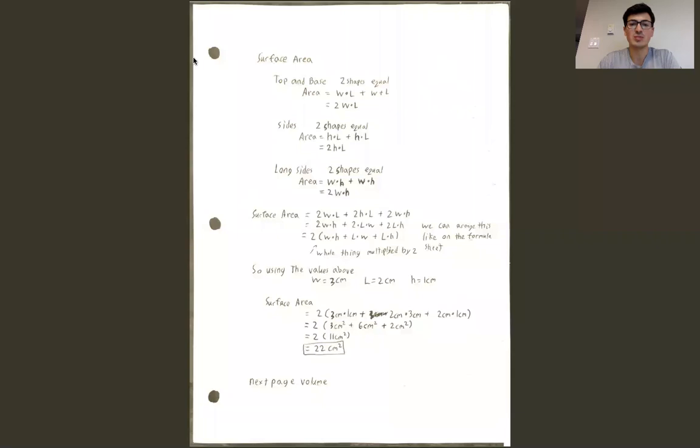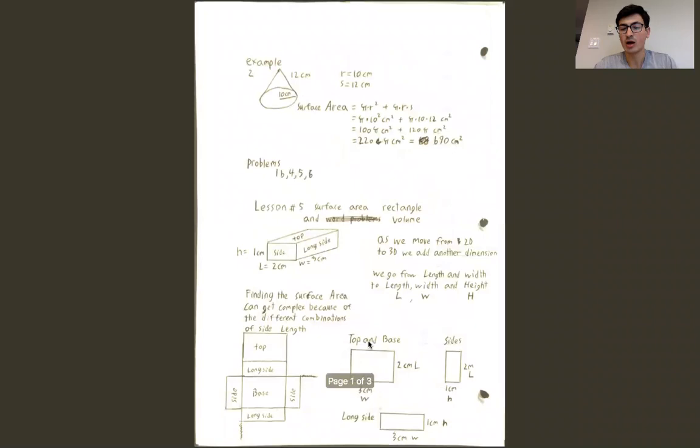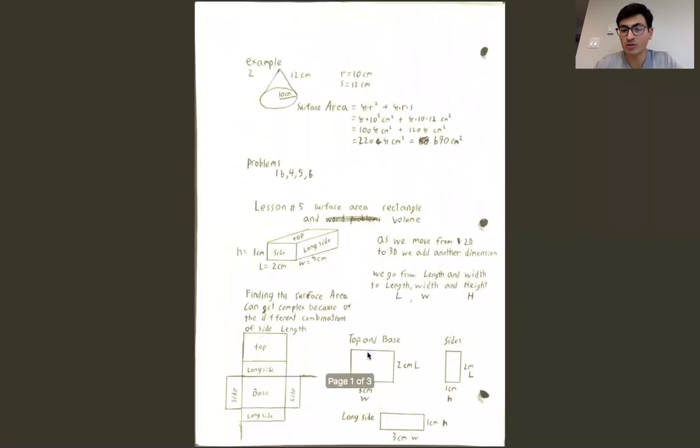Here, erased. Perfect. Okay. So looking at the surface area now, what we want to do is find the area of each of these rectangles, and then add them together to get the total surface area. Now we've got to remember we have 2 of each of these rectangles.